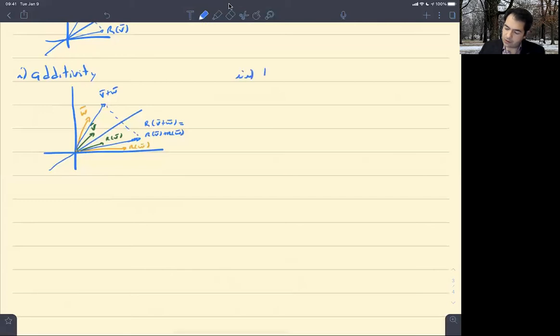Homogeneity is an easier picture. Okay, so say that that's the line. Let's say that here is the vector v. Then here is the vector 2 times v. If we reflect the vector v, we get something like this.